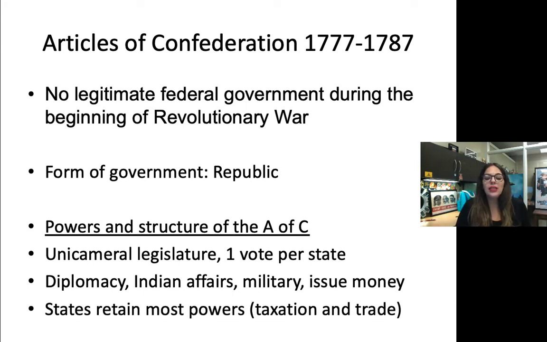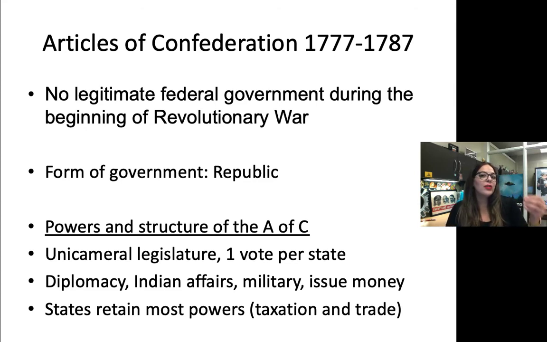But in addition to that, the states are what's going to have the most power. So remember, the Articles of Confederation is our attempt at a federal government, right? It's deliberately weak. Each state has one vote, okay? But the states are going to have most of the power.